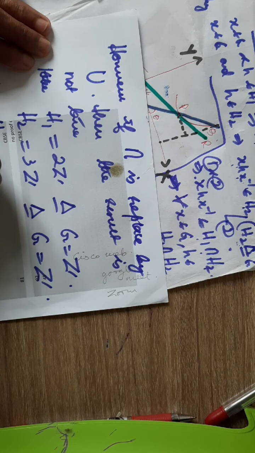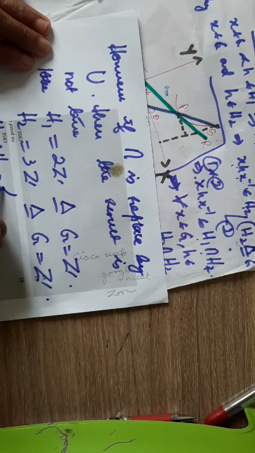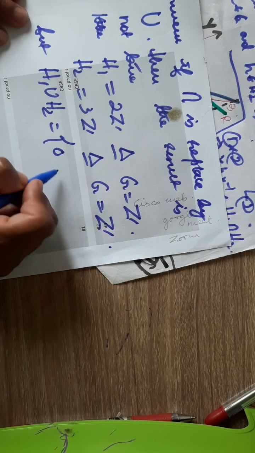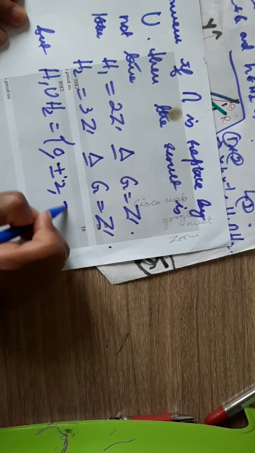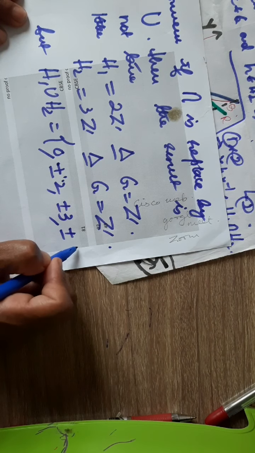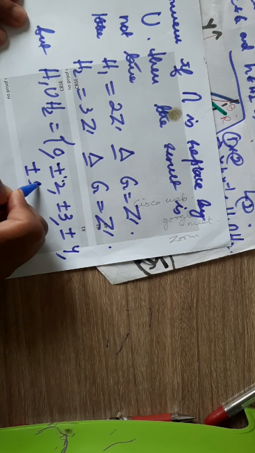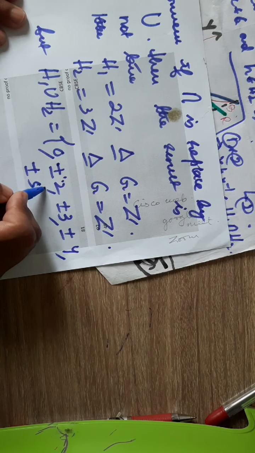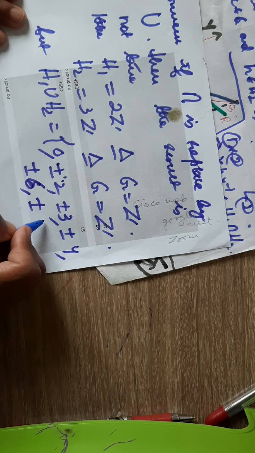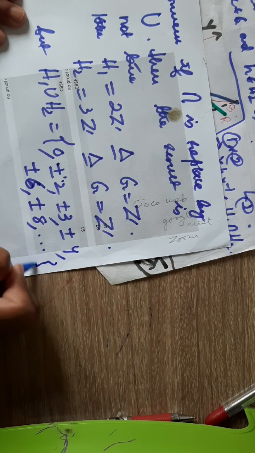But what is H1 union H2? This will contain the elements 0, plus or minus 2, plus or minus 3, plus or minus 4, plus or minus 5, plus or minus 6, plus or minus 8, and so on, which are multiples of 2 or 3.